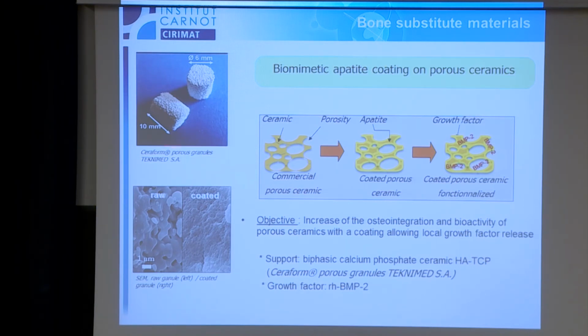These are commercial porous granules made of stoichiometric hydroxyapatite and TCP, a classical porous ceramic. The idea was to try to activate these ceramics to increase the osteointegration and the bioactivity of these ceramics. So we proposed to perform a coating.